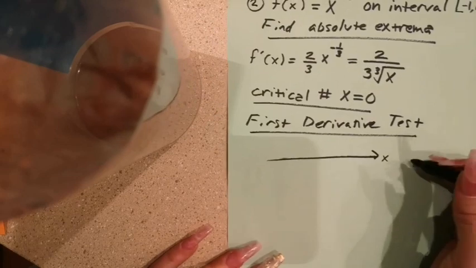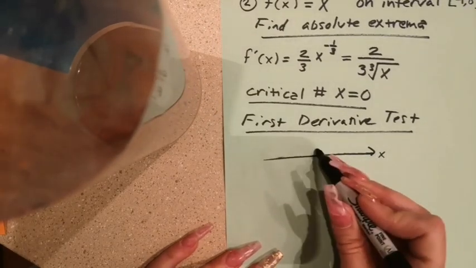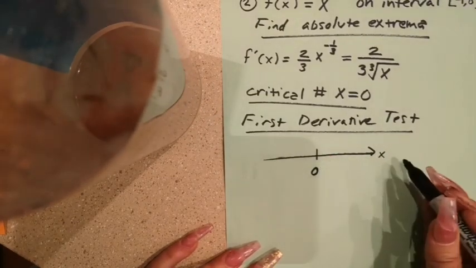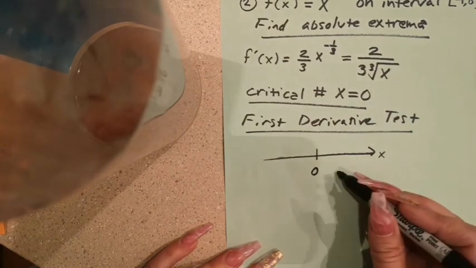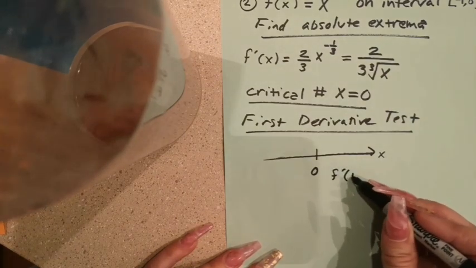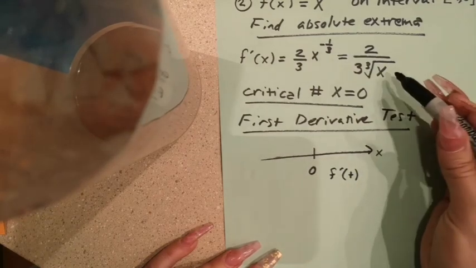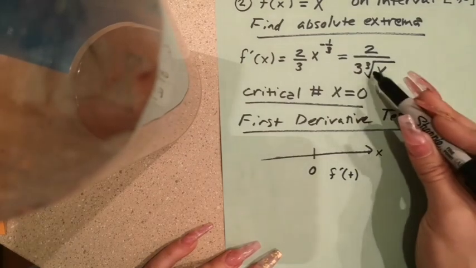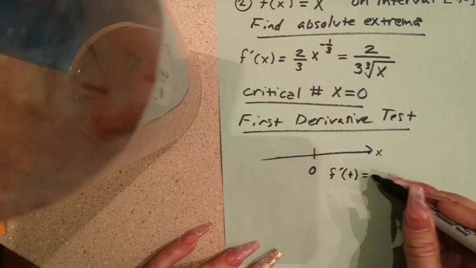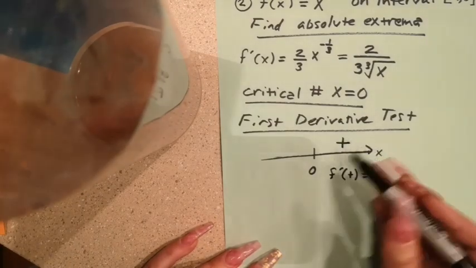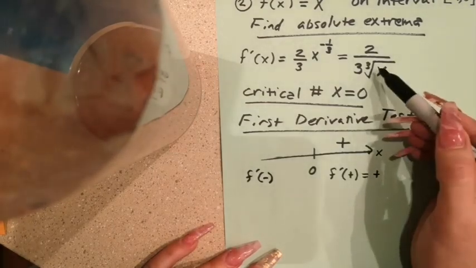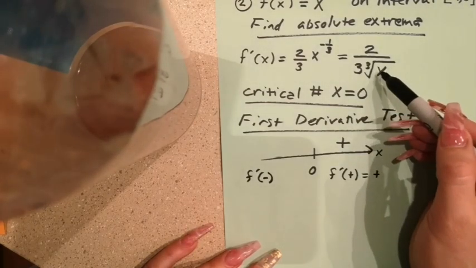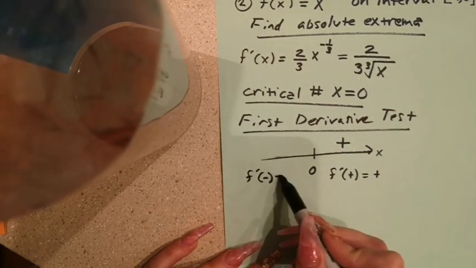Remember, this sign chart is for the first derivative. If I plug any positive number into the first derivative, I get a positive number out, since the cube root of a positive is positive. If I plug in any negative number, the cube root of a negative is negative, so this expression is negative.